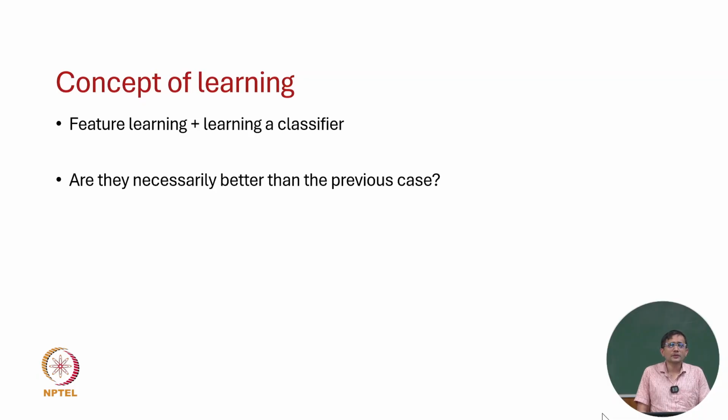An open question, of course, is: is learning the feature and the classifier simultaneously necessarily better than the previous one, where we extracted some handcrafted features somehow and learned a classifier on top of this?